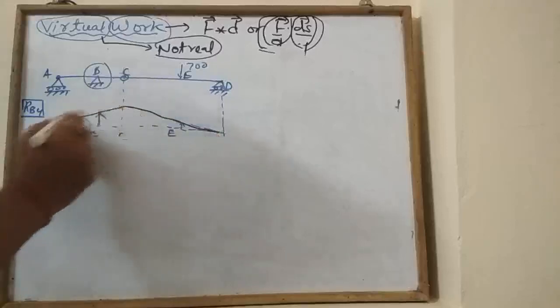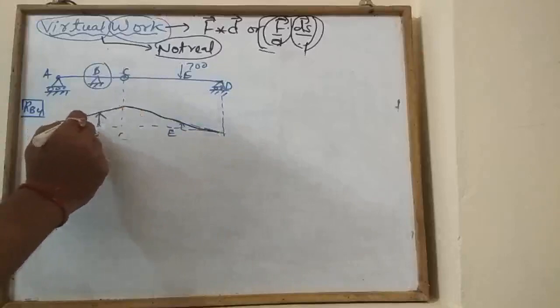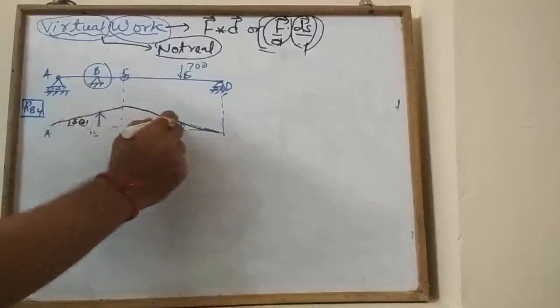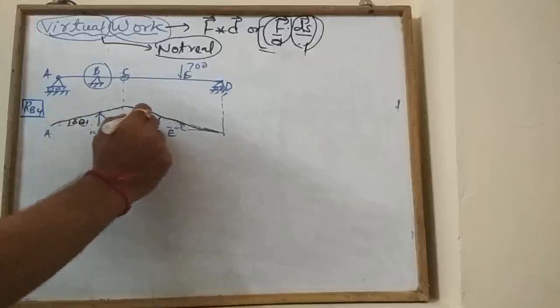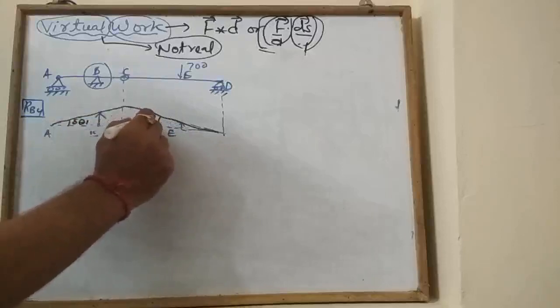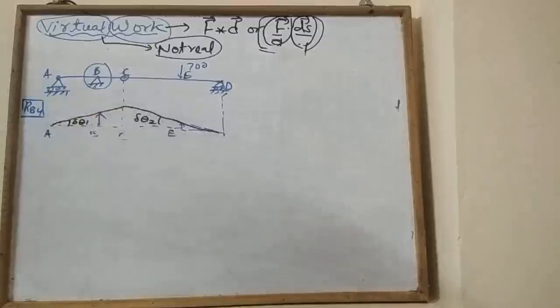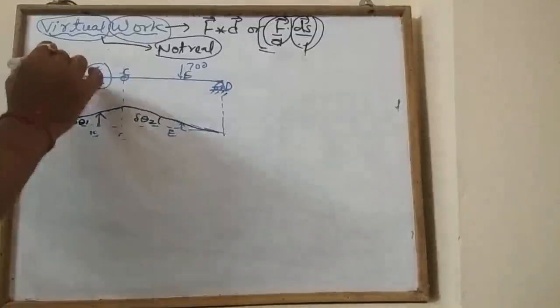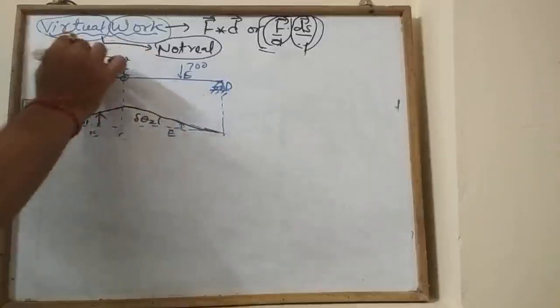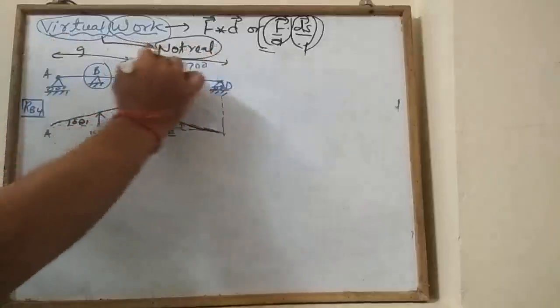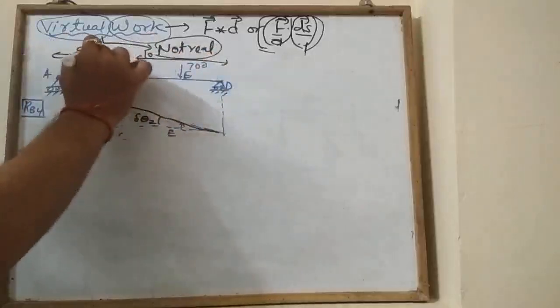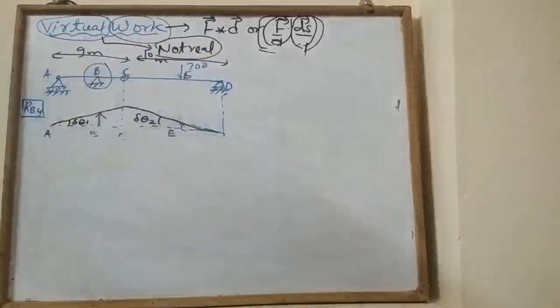We have to keep in mind that this is delta theta 1 and this is delta theta 2. Delta theta 1 and delta theta 2 are not equal because C is not at midpoint, as this is 9 and this is 10 meter. So delta theta 1 and delta theta 2 are unequal.